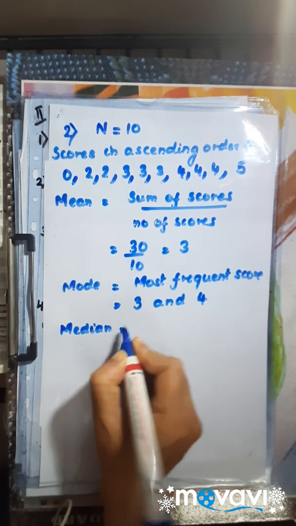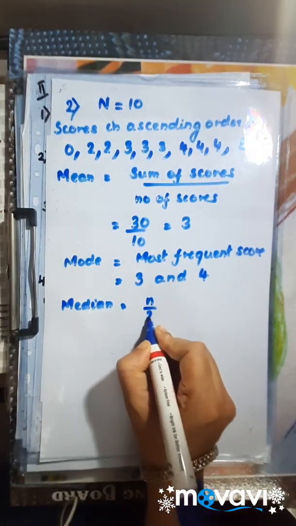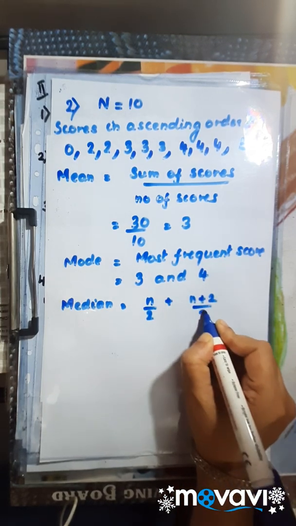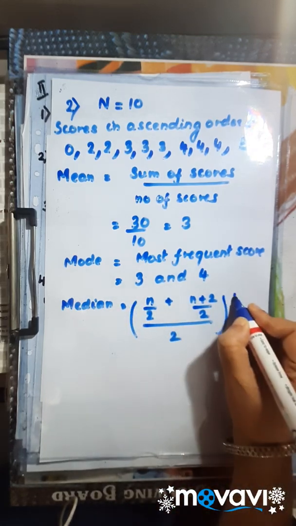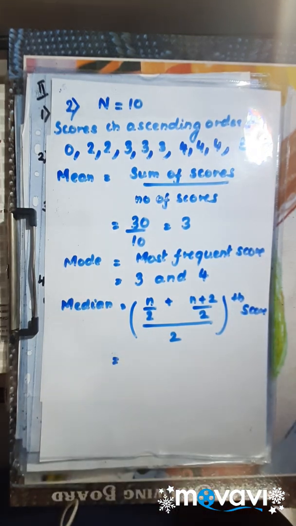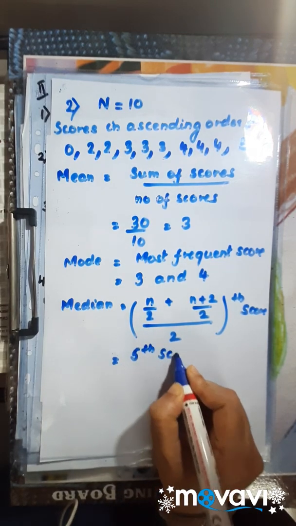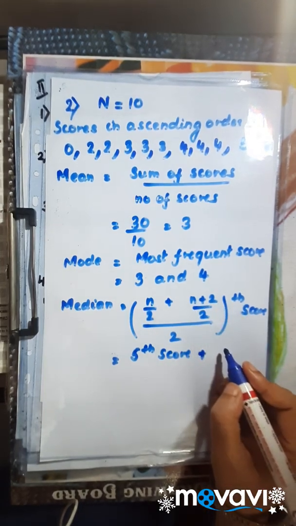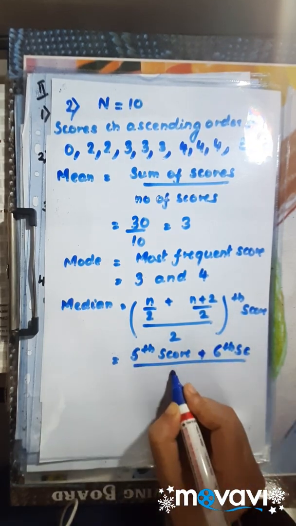Now, once again, n is an even number. So, n upon 2 plus n plus 2 upon 2, average of that score. Okay, now 10 upon 2 is 5, so the 5th score plus 10 plus 2, 12 upon 2, the 6th score, upon 2.